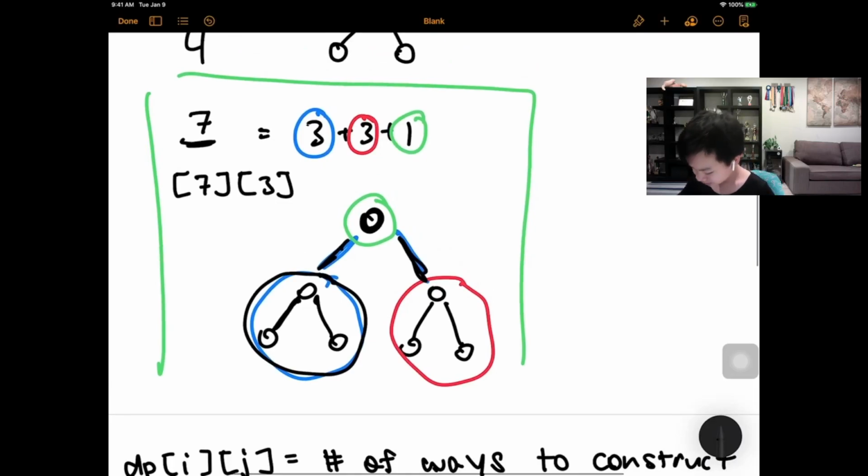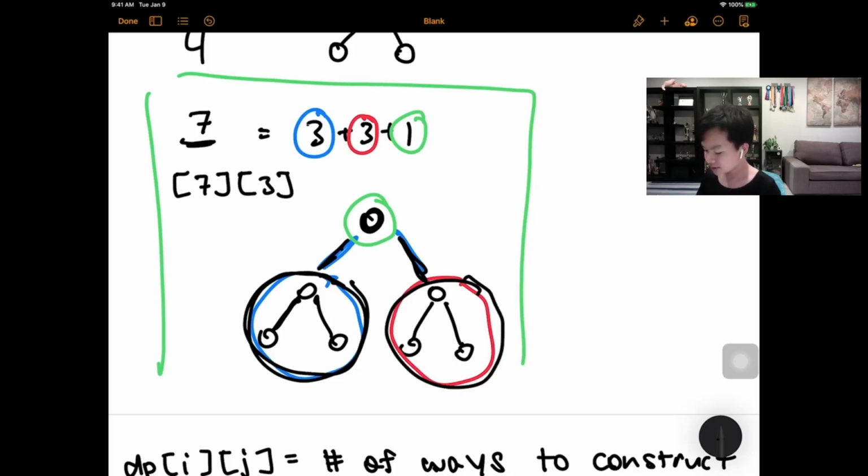So we can loop through all the heights with k minus 1. For this example, this depth is 2, and this depth is also 2. Then we can use these to form the top one.